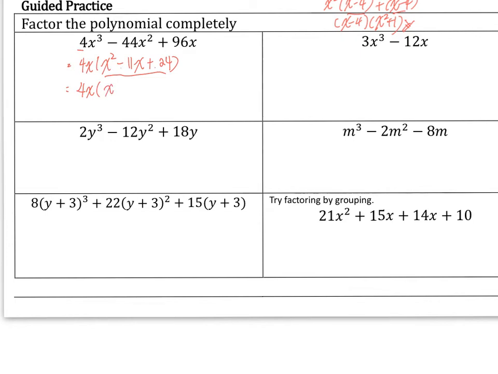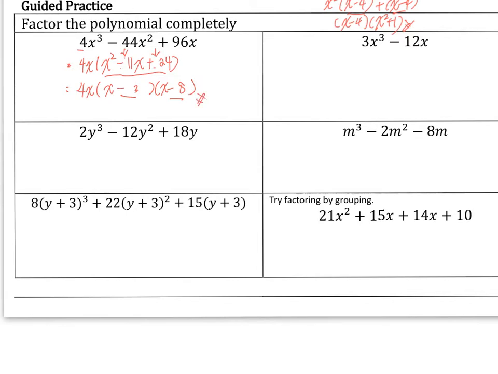So negative, positive makes negative, negative, and I believe I can use 3 and 8, because negative 3 times negative 8 gives me positive 24, and negative 3 plus negative 8 gives me negative 11, so we're good. So this is factored completely.